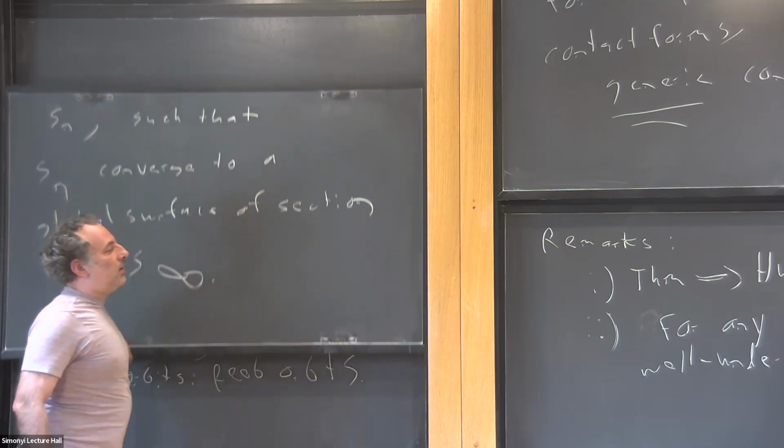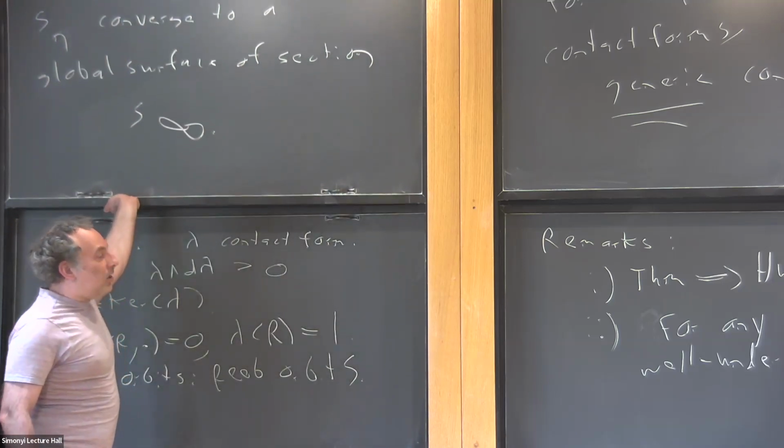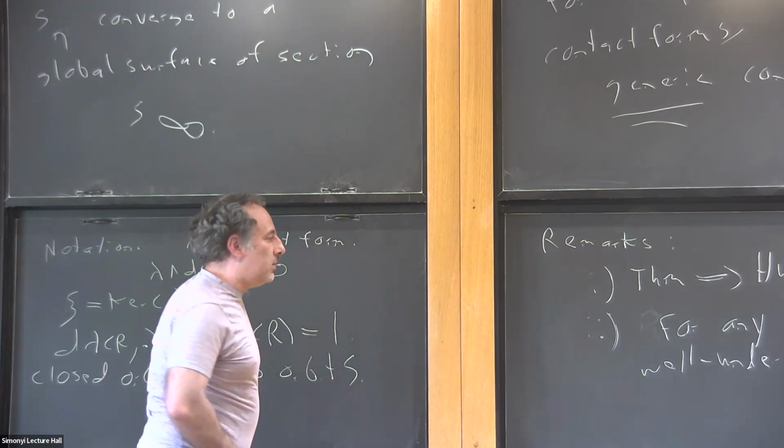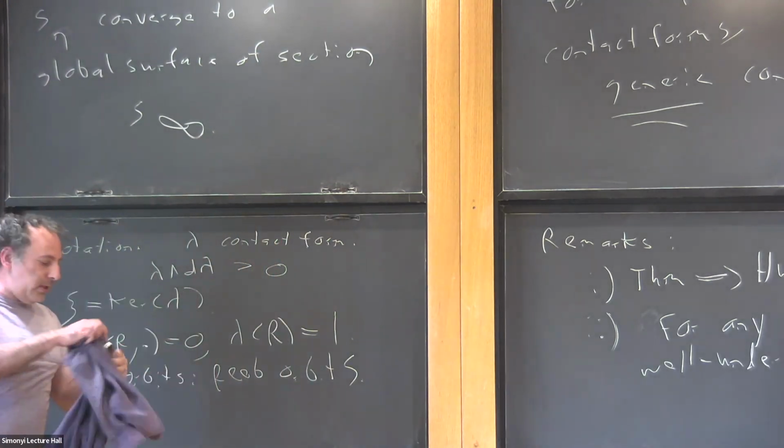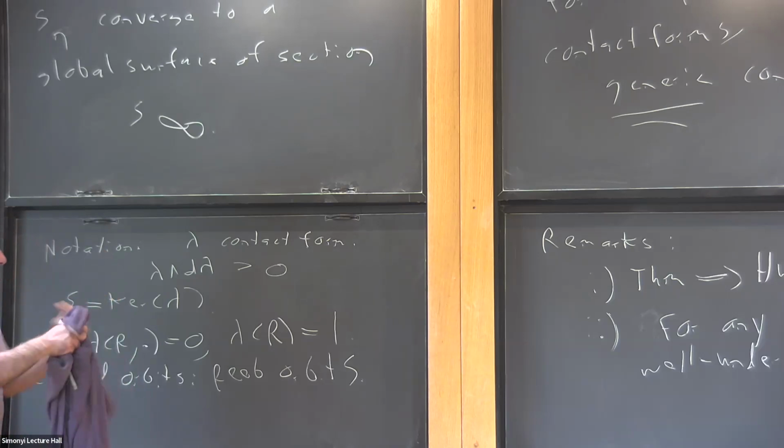Okay, so that's a slogan. I want to focus on this for a minute. Okay, so that's an important slogan for the proof. I definitely want you to understand it.